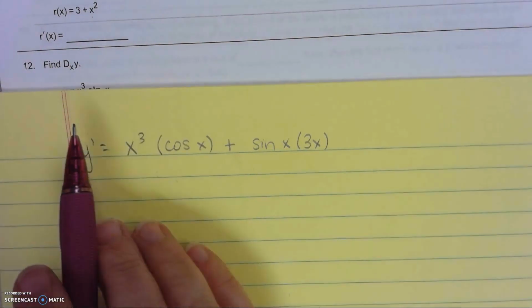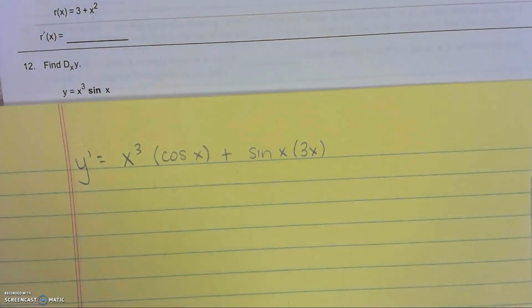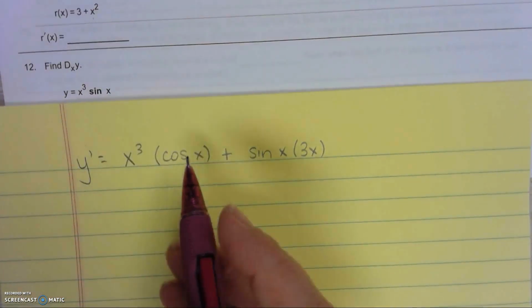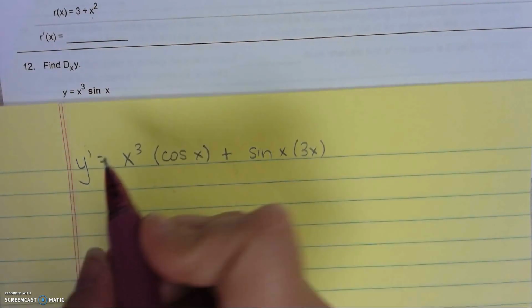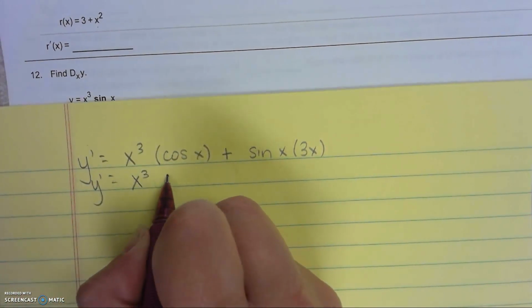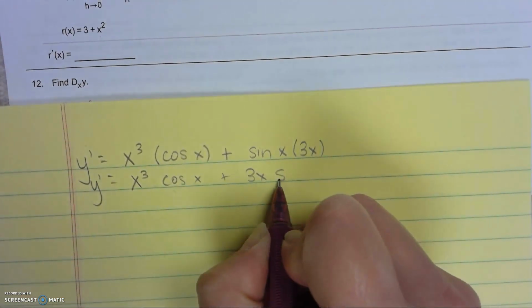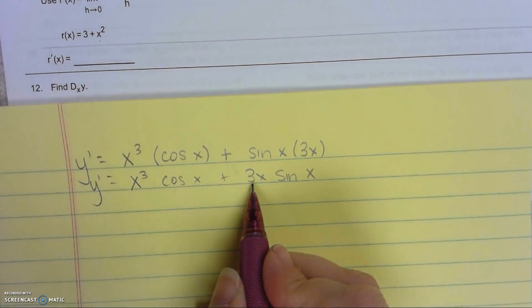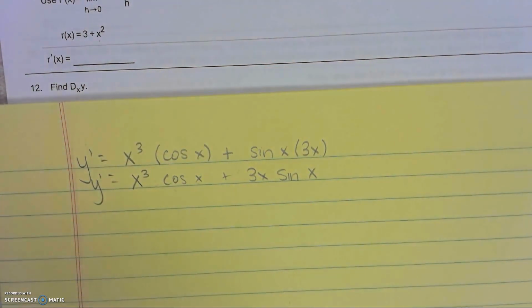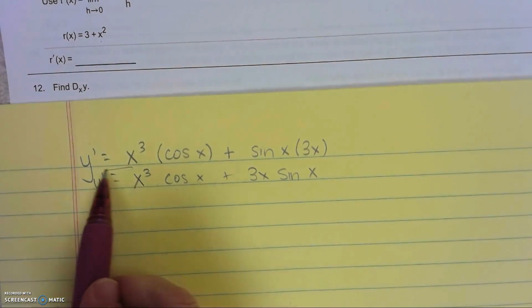All right, now these are simply sine x, so I can use those basic trig derivatives. Derivative of sine x is cosine x. Then, if you want to rewrite it, you can, so that it says 3x sine x, to where that number is in front of the sine x. That's just a traditional way to write it. And that's the end of that one.